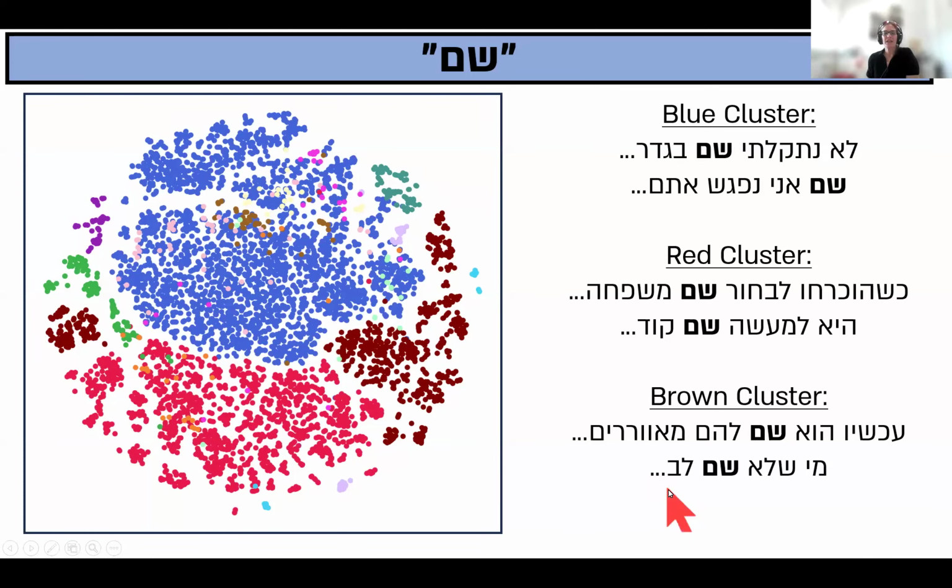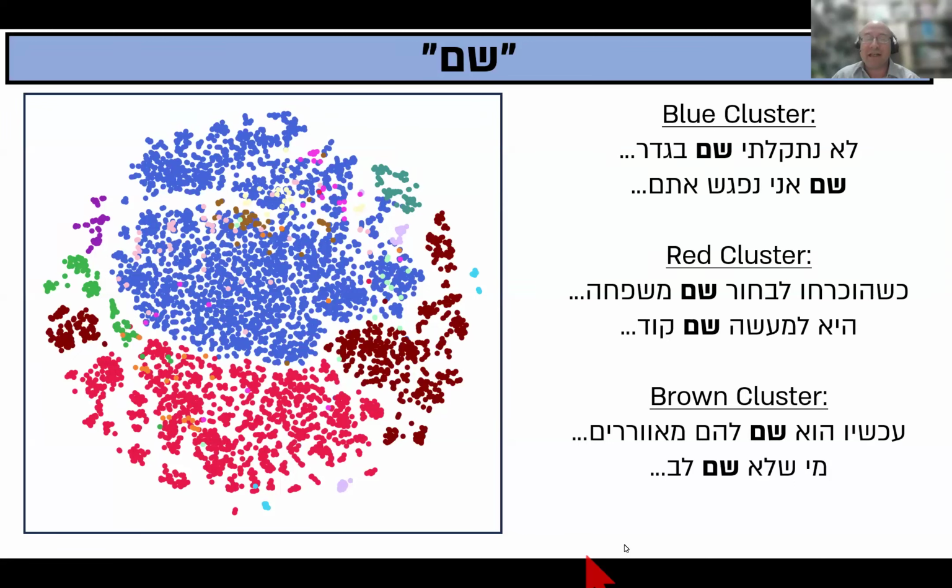Sorry, can you translate all the other examples as well? Yeah, absolutely. So the word shin mem has three usages. It can be an adverb meaning there, and that's the blue cluster.